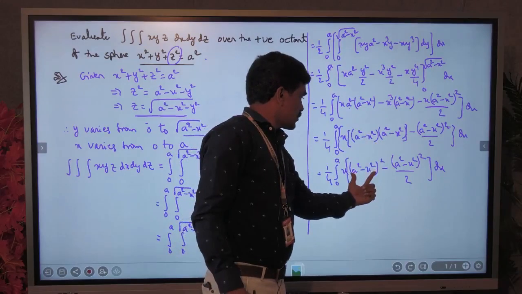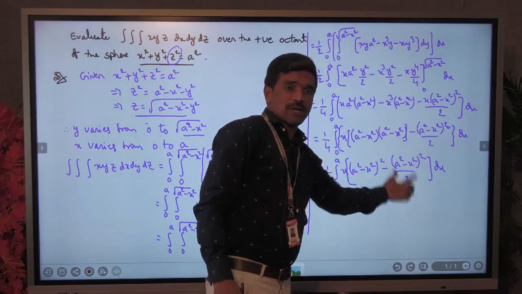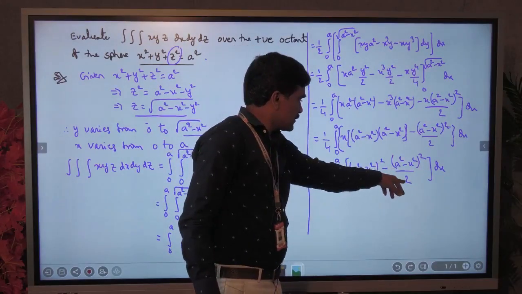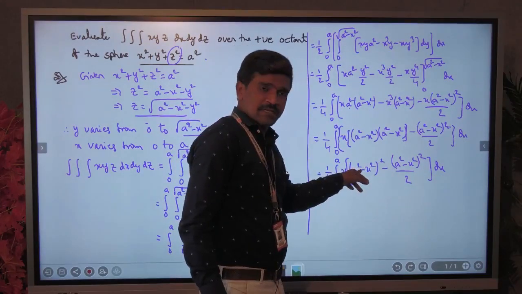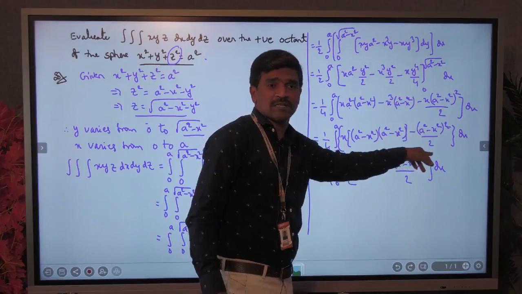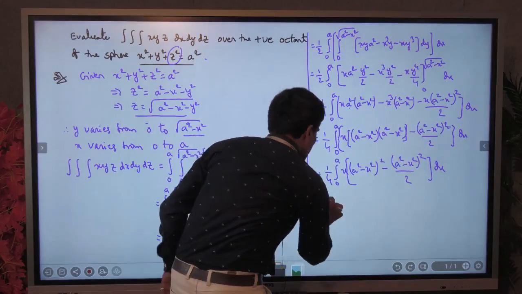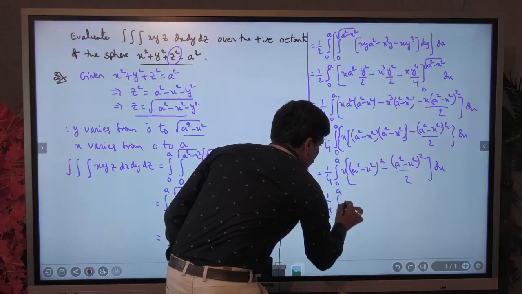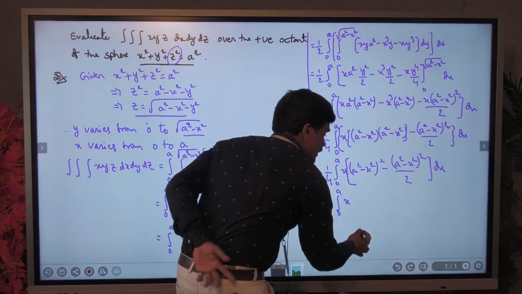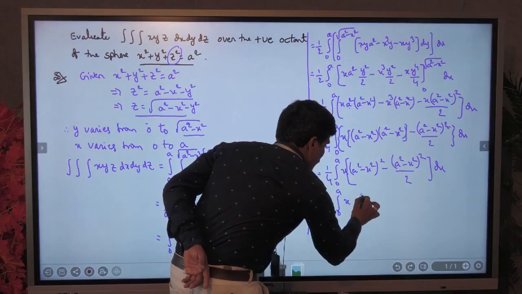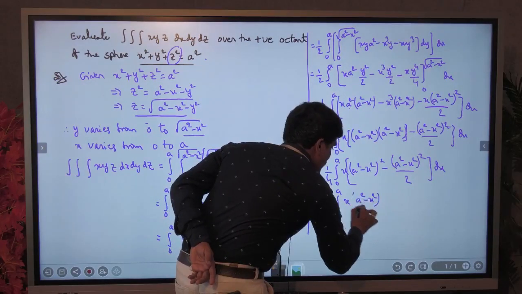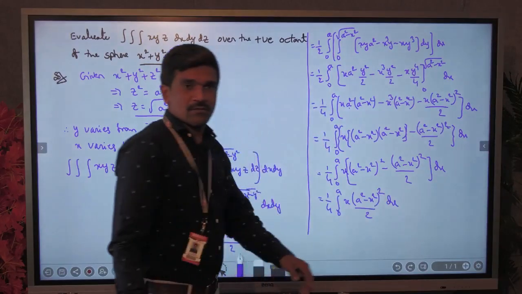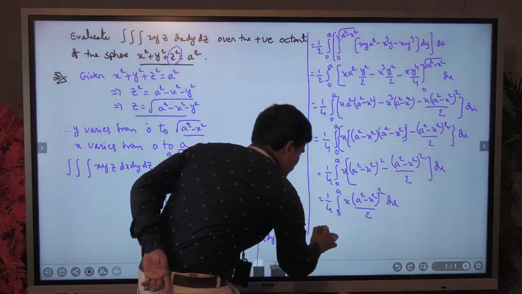Now take LCM: 2 into (a square minus x square) whole square minus (a square minus x square) whole square by 2. So finally what we get? 1 by 4 integral 0 to a x into (a square minus x square) whole square by 2 into dx. Right? Now expand this.